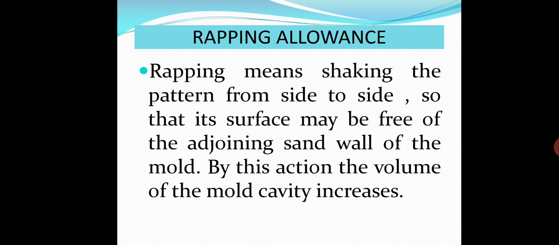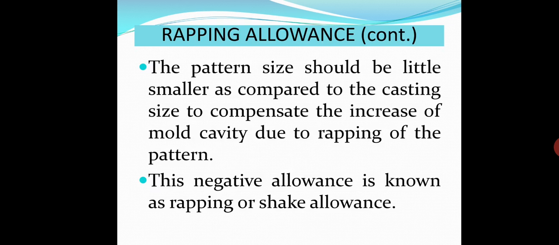Next is wrapping allowance. Wrapping means shaking the pattern from side to side so that its surface may be free of the adjoining sand wall of the mold. By this action, the volume of the mold cavity increases.